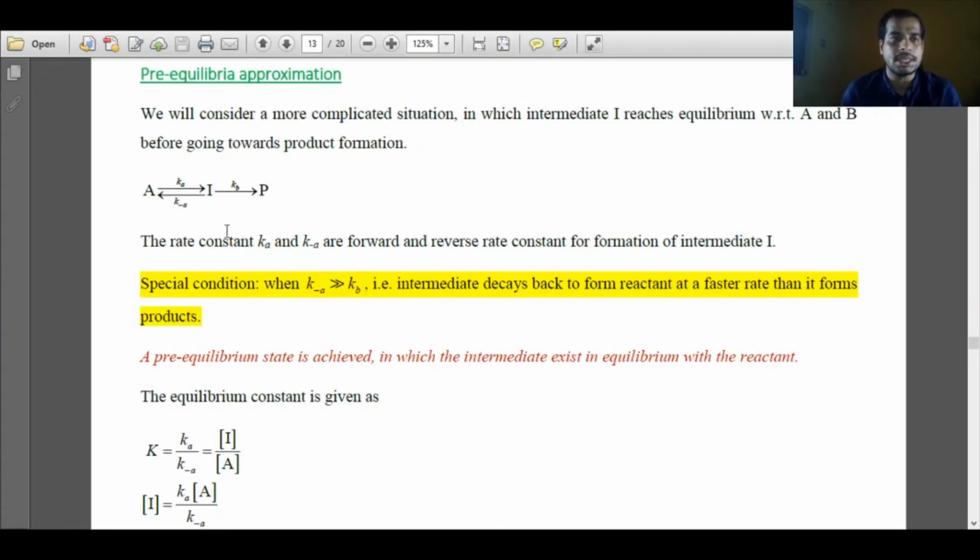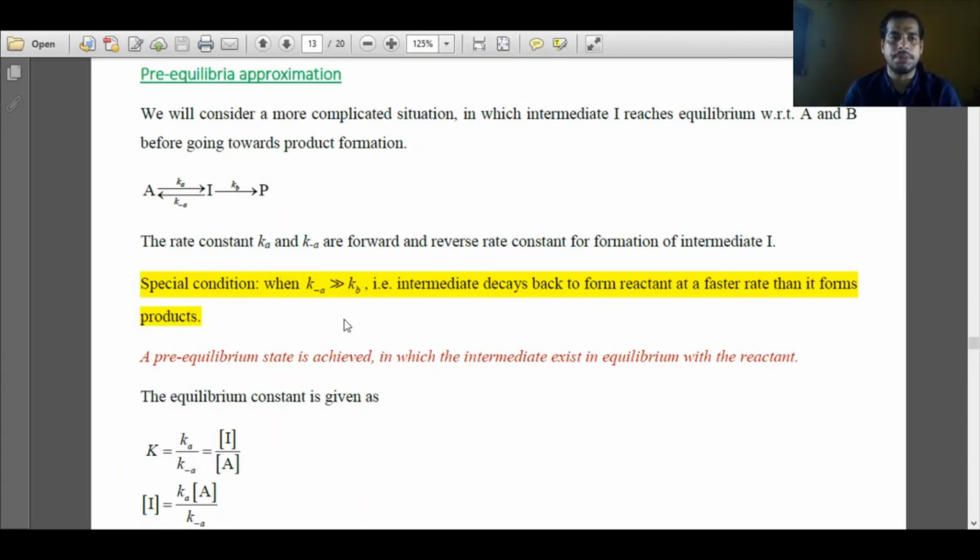As the name suggests, the reaction is not going towards the product side, rather A and I are experiencing an equilibrium state between themselves, rather than I forming the product P. That's why it is called pre-equilibrium approximation: before formation of product P, both the reactant and intermediate I are in equilibrium with respect to each other, and the mathematical condition for this is K minus A, the reverse rate constant, being higher than the rate constant for formation of product P.